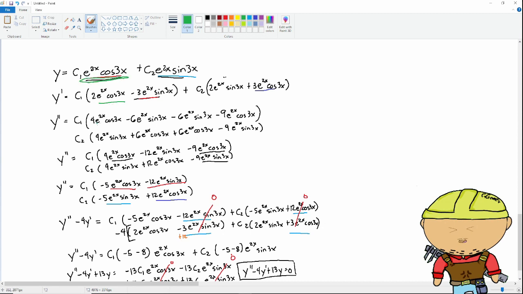We can notice the e to the 2x cosine 3x on each differentiation, then e to the 2x sine 3x on the second differentiation. So there are common terms on each differential equation, and it is much easier to eliminate common terms.